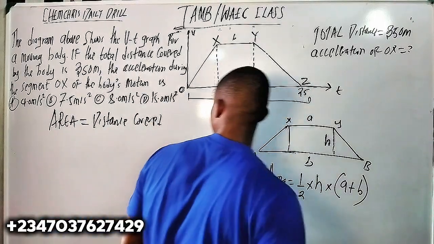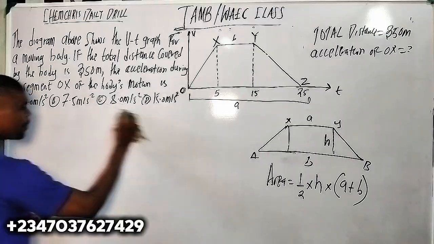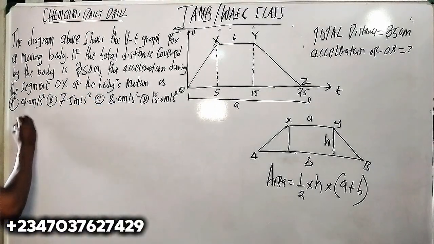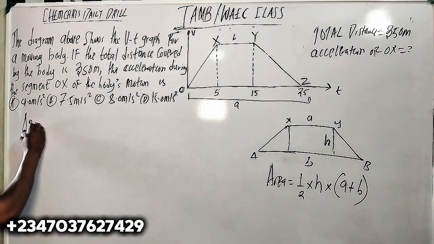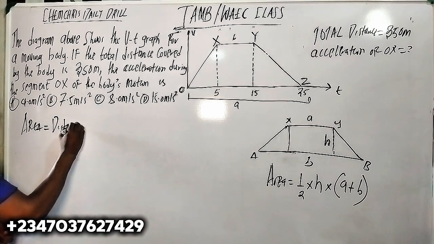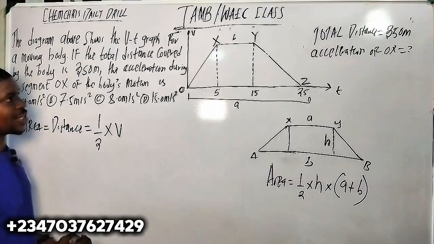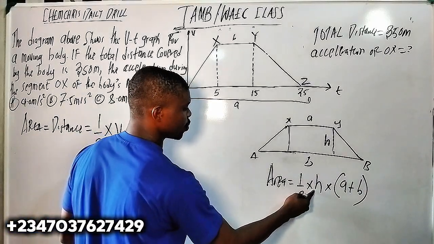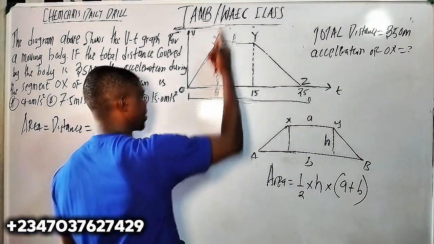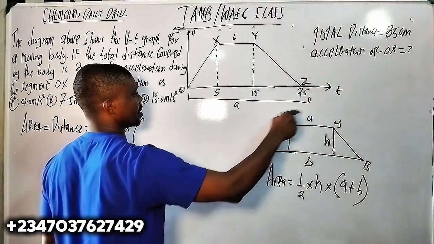So if I apply this formula, the area, which is the total distance, is equal to half times the velocity. H is now the vertical velocity, times the two points here.